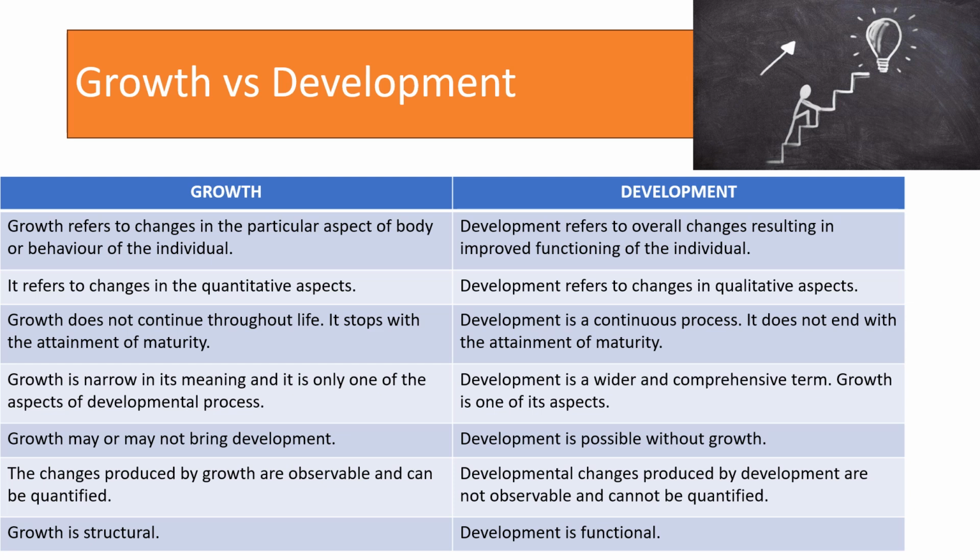In the aspect of behavior, we know how we expect an age 2 child to behave, but that is not the expectation when we see an age 6 child, right? So that is called growth of the behavior of a person.